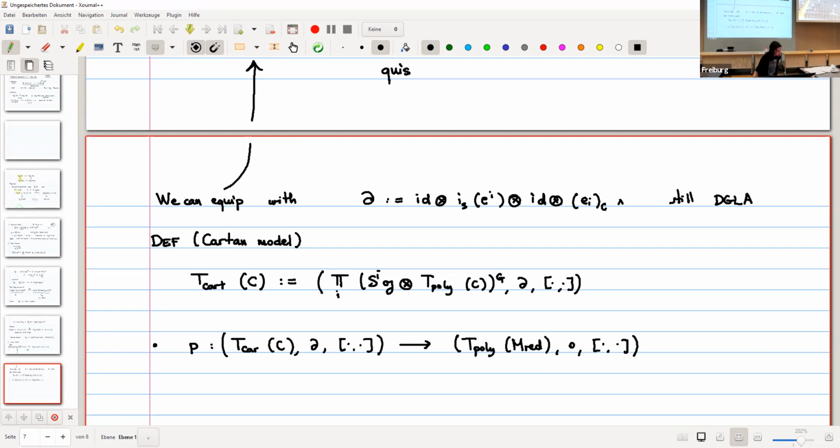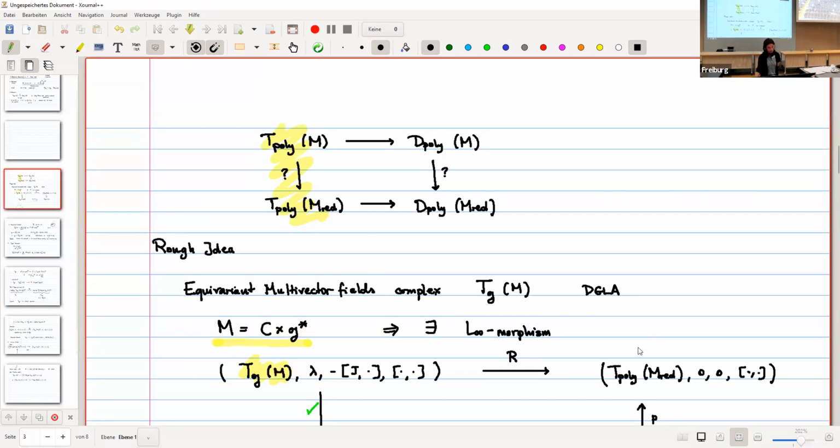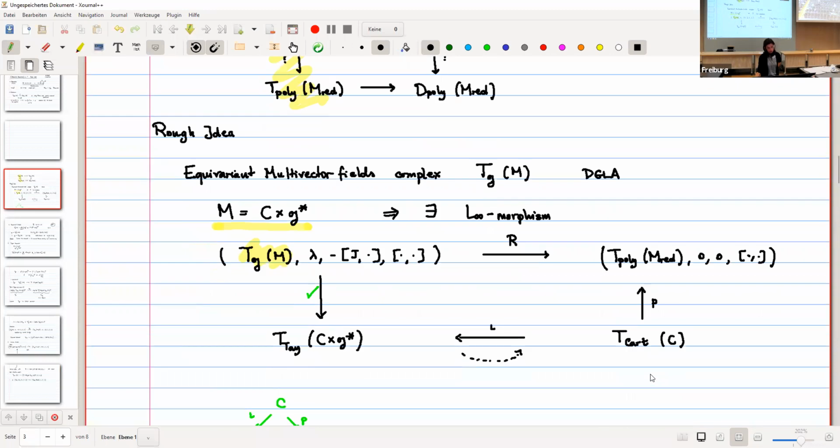So this sounds great because it seems like we actually have these two maps, the iota and the P.